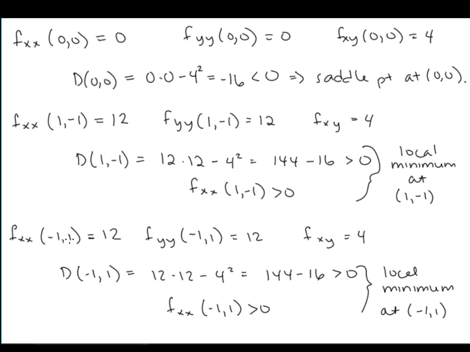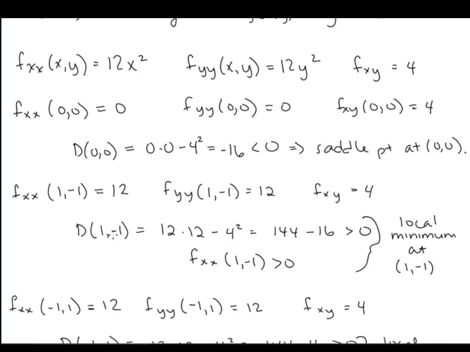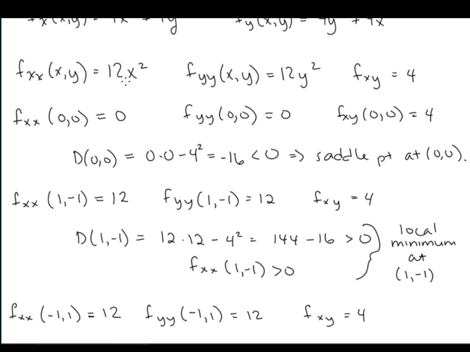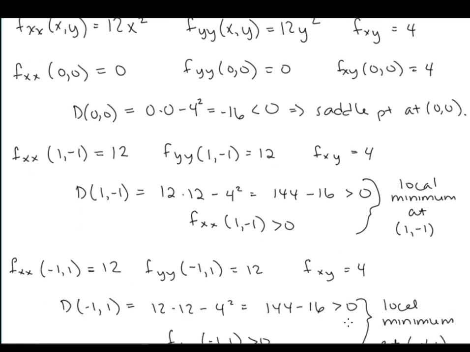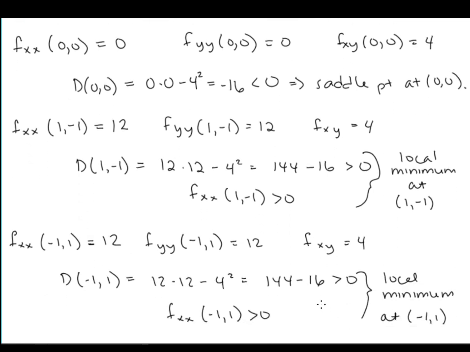At (negative 1, 1), we get our second x partial to be 12, our second y partial is also 12, and our mixed partial is always 4 here. So D in this case is also going to be positive. The second x partial is also positive. We have another local minimum at (negative 1, 1).